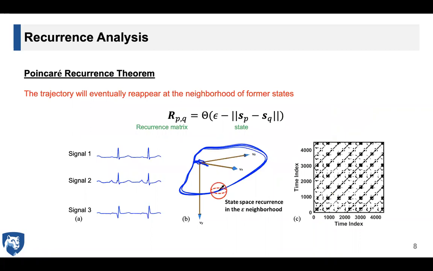The methodology we propose in this study is recurrence network analysis. And before introducing that, I would like to start with recurrence analysis. The recurrence theorem indicates that the trajectory will eventually reappear in the neighborhood of former states. For example, we have 3 signals here. After embedding them into a 3D state space, we see a trajectory that is reappearing again and again in this red neighborhood.